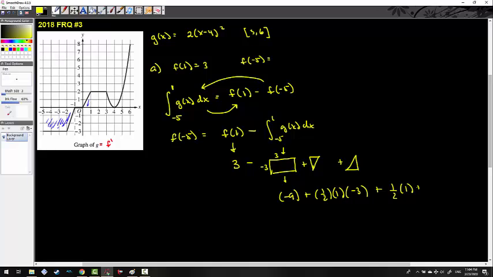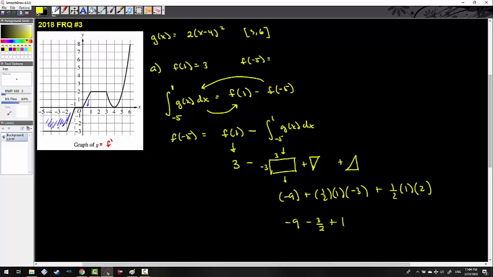So from here, we just have to figure out what these values are. It's going to be -9, this becomes -3 over 2, and then this becomes 1, so plus 1.